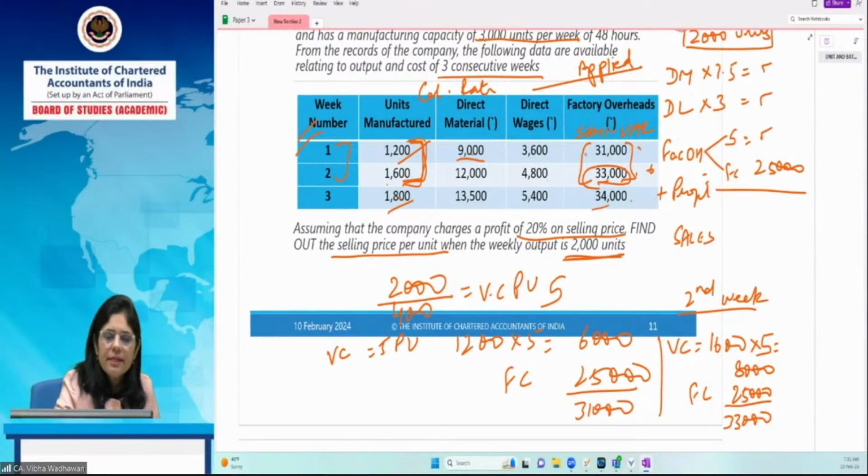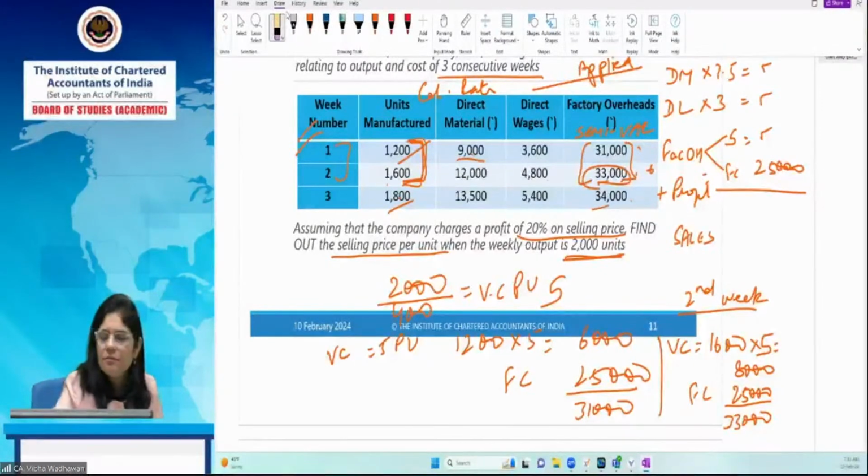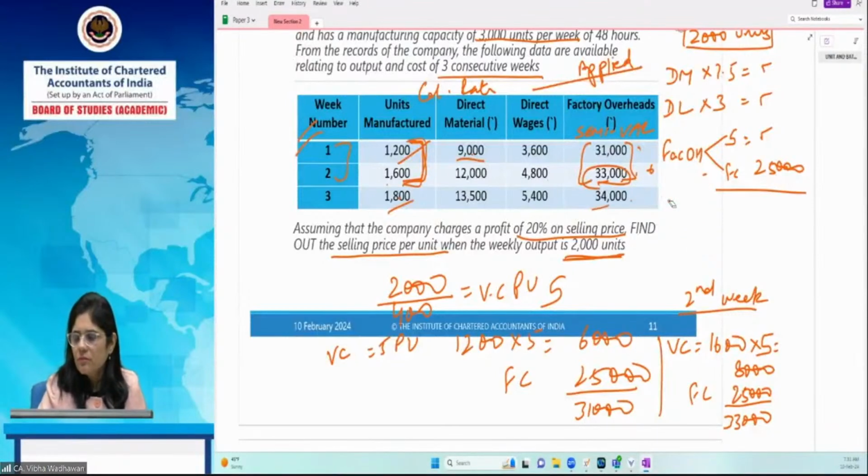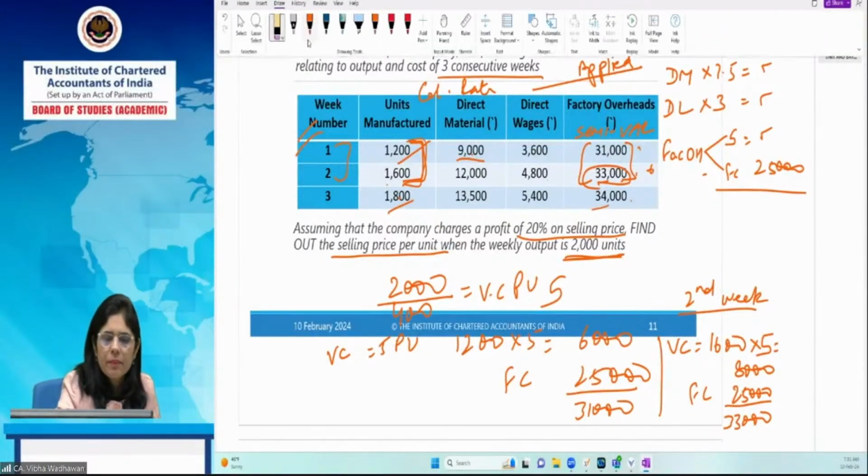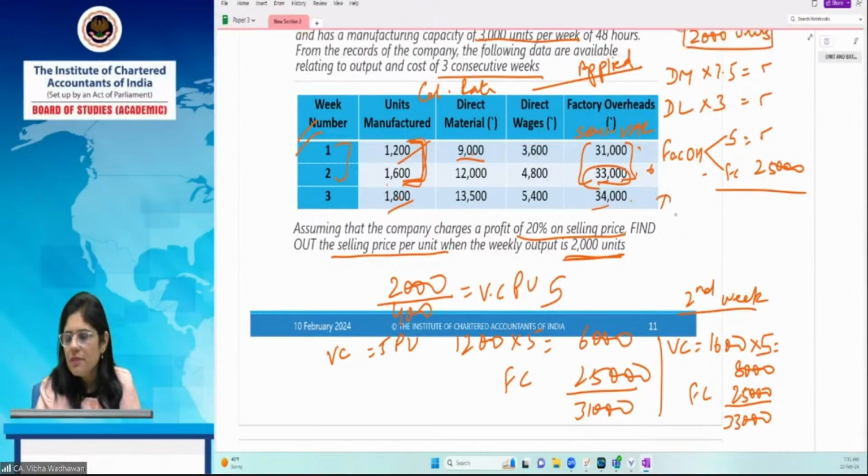Can anybody tell me the total cost? Anybody who has calculated total cost? No answers?